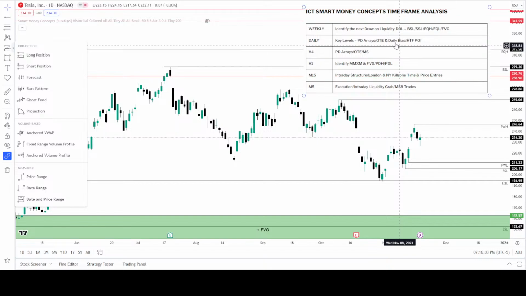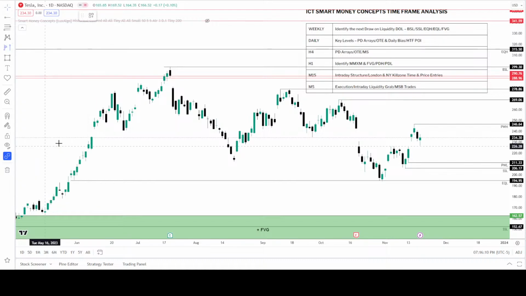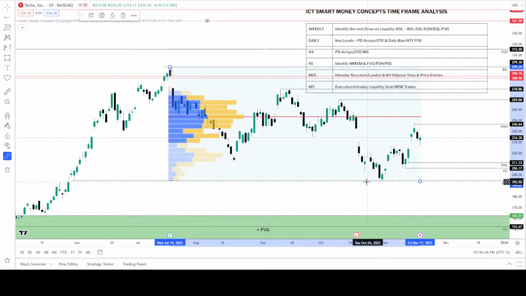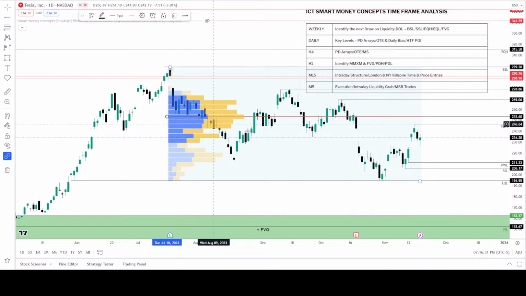All right, and so our daily bias right now is bullish with this move, and then our high time frame points of interest. The last thing that we look at is the fixed range volume profile on a couple different anchored points. And so we have this high from July all the way down to the current price, and we have our highest volume node at 253.60, and I don't think this is adjusted too much compared to the last couple weeks that we've been monitoring the volume point of control.